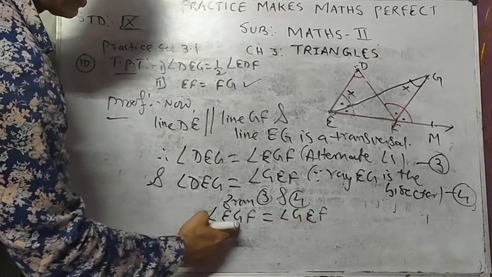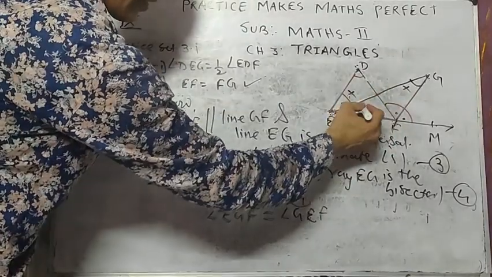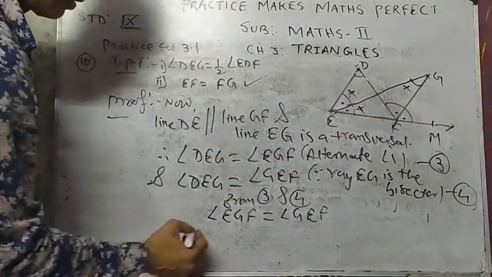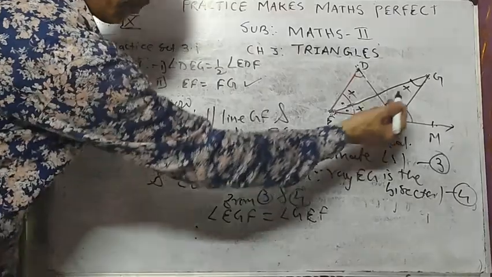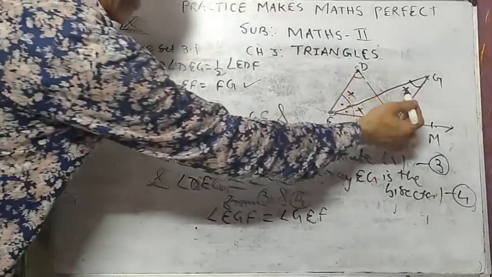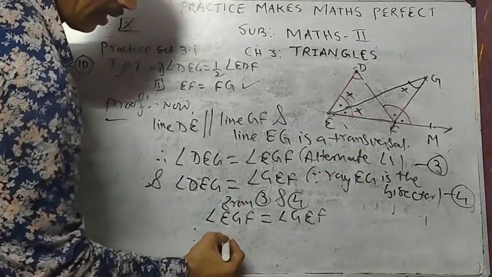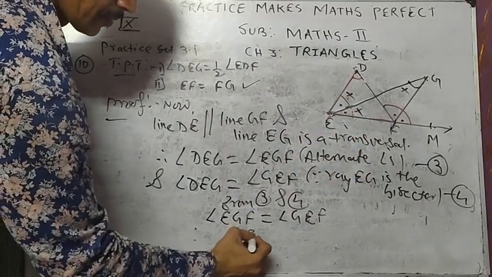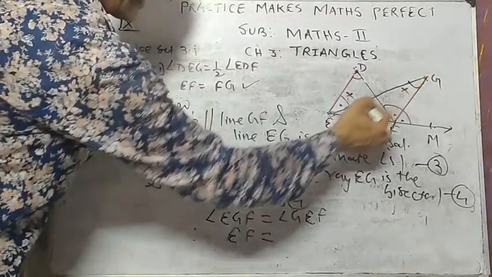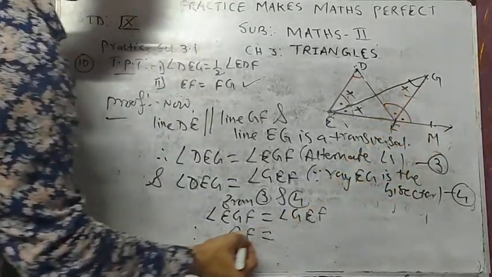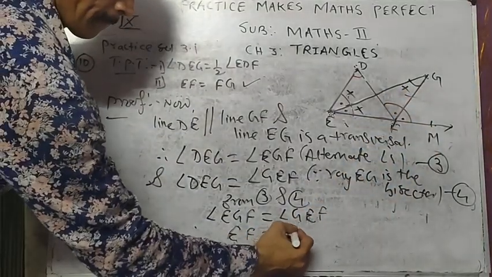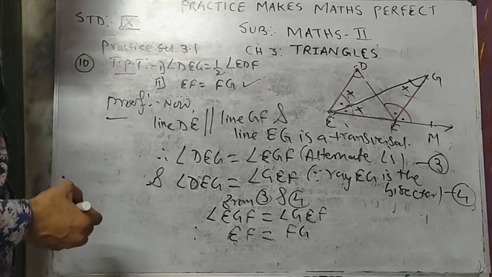EGF means this, and these two angles are the same. Now if two angles are the same, then their opposite sides are also the same. The opposite side of this angle is EF, therefore EF is equal to FG, the opposite side of GEF.